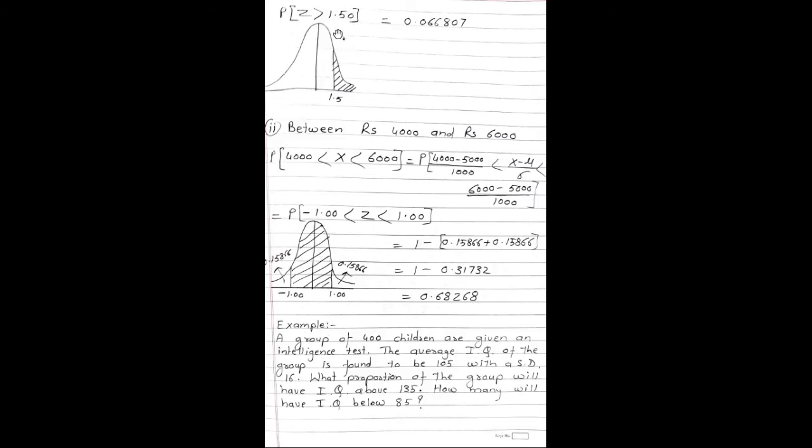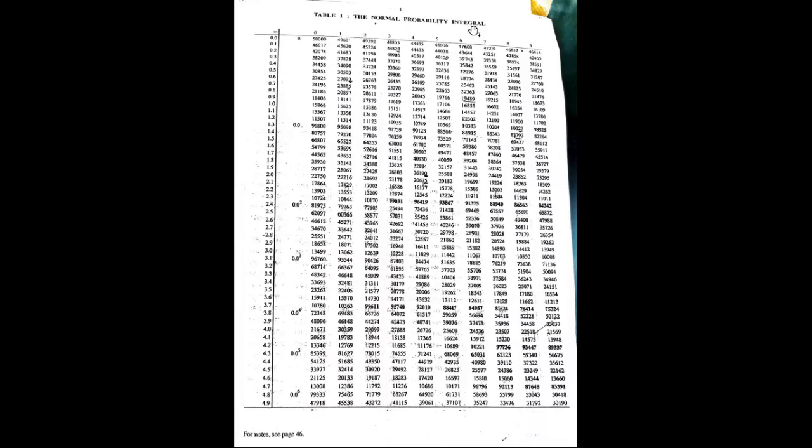Now we will draw the curve. This is the symmetric curve. This is the negative side of the curve and this is the positive side of the curve. The positive ordinate 1.50 we have to draw on the right hand side. And as we want the greater part, we will mark the portion as the tail part, and this value we can get directly from the table as 0.066807. I will show you how to see the value from the table.